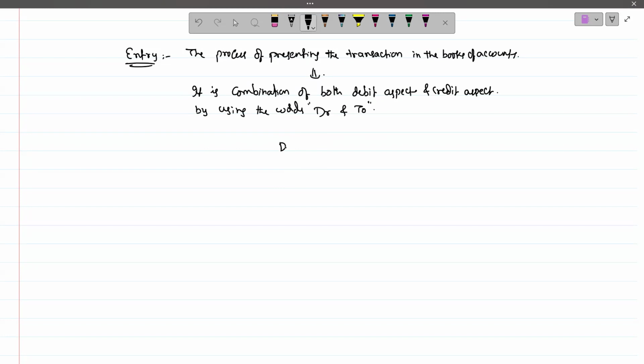So first we have to write the debit aspect, and the debit aspect ends with the word DR. And from the middle of the debit aspect, in the next line, we have to start the credit aspect, and the credit aspect starts with the word to. So this is the format of the entry.